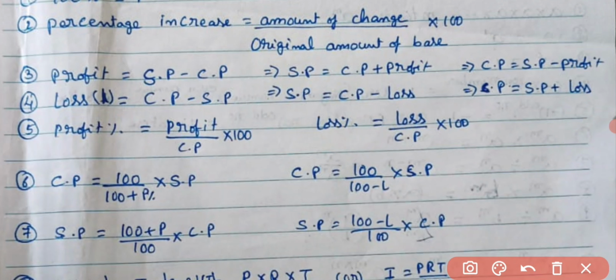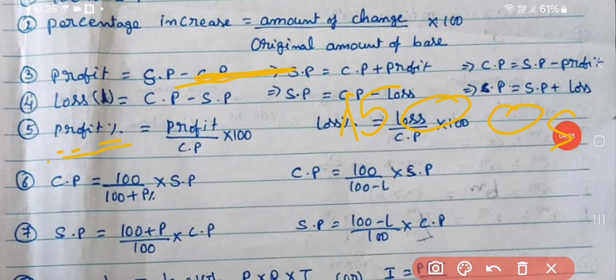Now we will see the fifth property, to find out profit percent. Suppose your selling price is 1500 and your cost price is 1000.